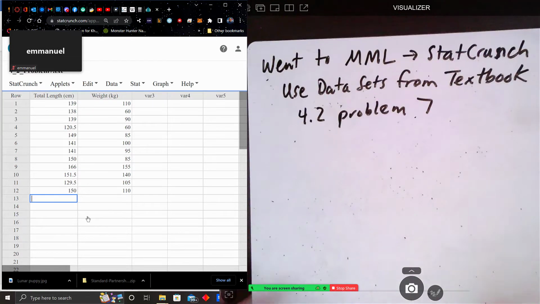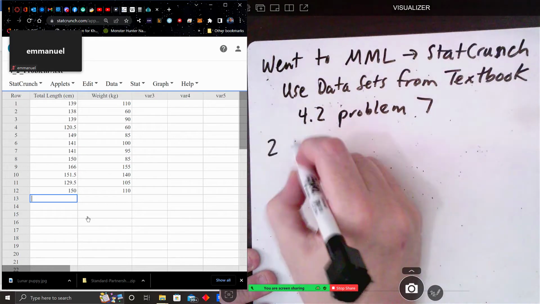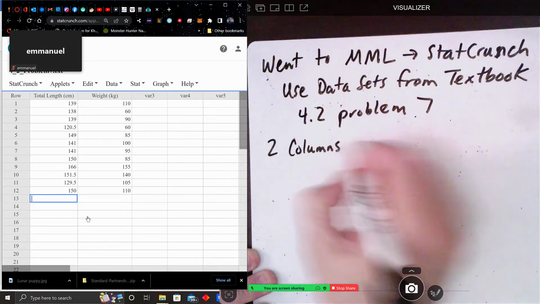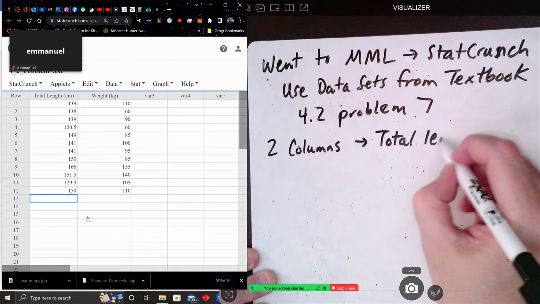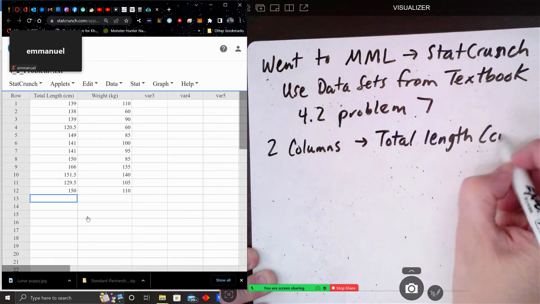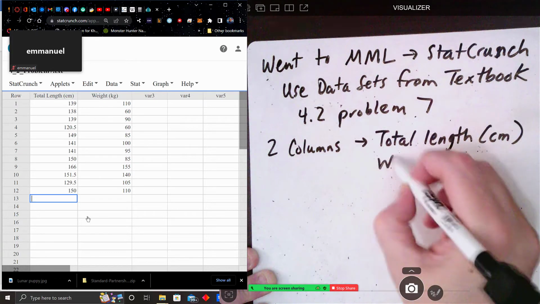So what has it got here? It's got 2 columns. Total length in centimeters. And weight in kilograms.